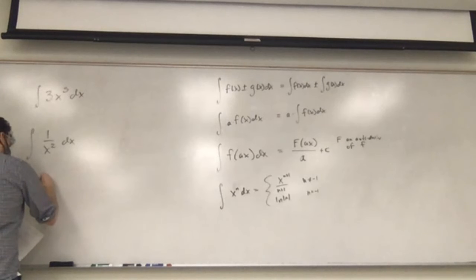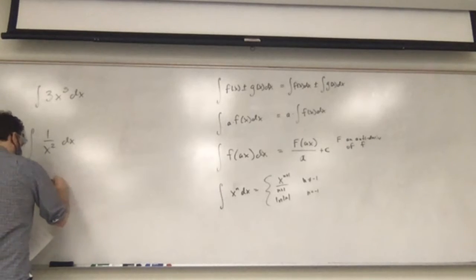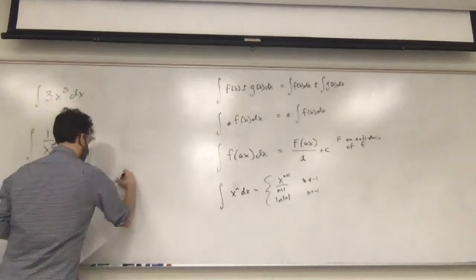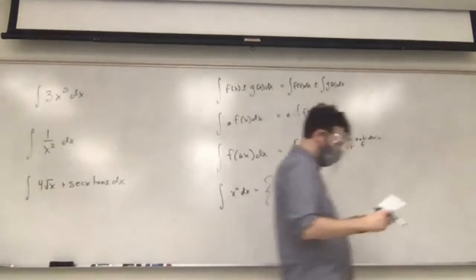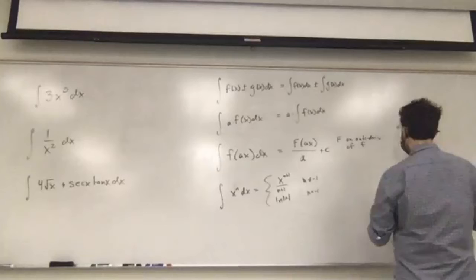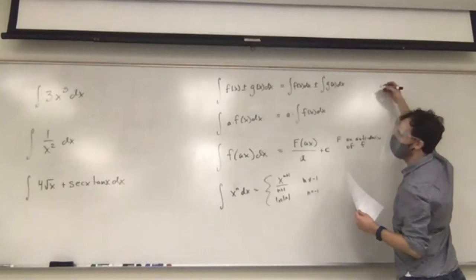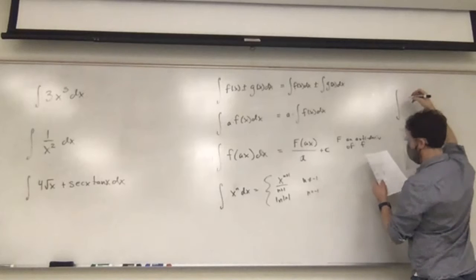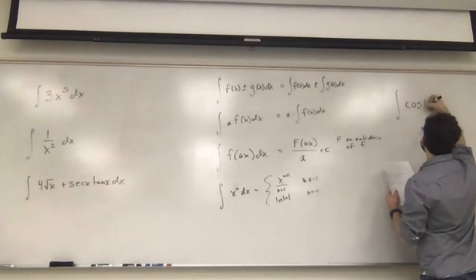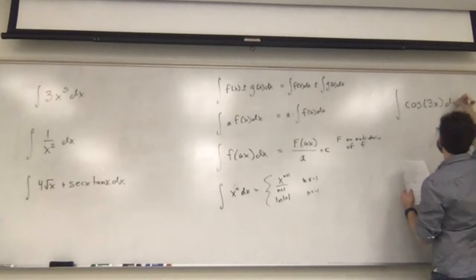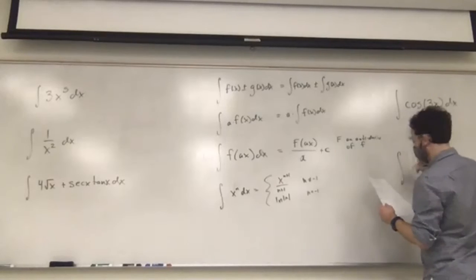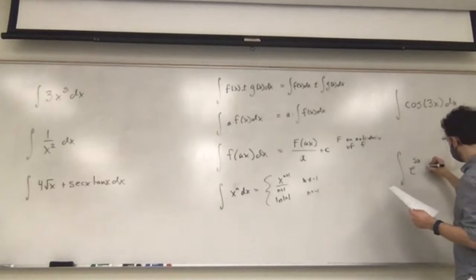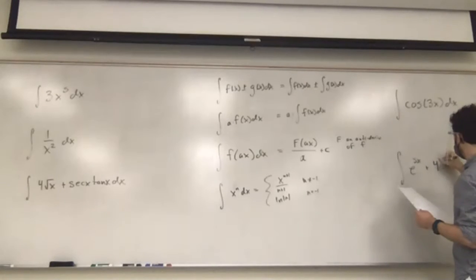The integral of 4 square root of x plus secant tangent. Then let's also squeeze a few in over here. Let's try the integral of cosine of 3x, and then the integral of e to the 5x plus 4.